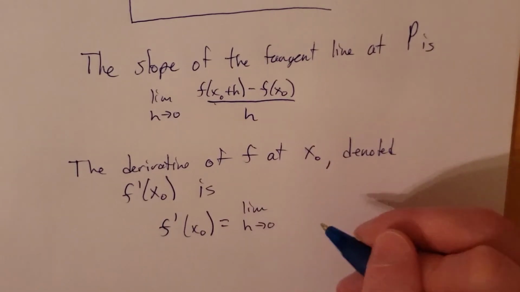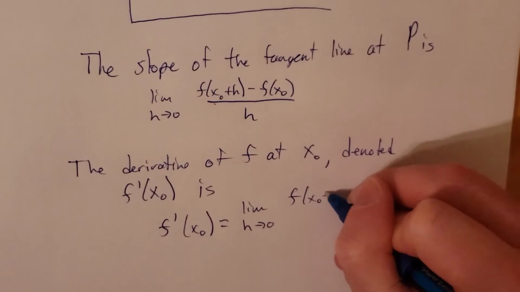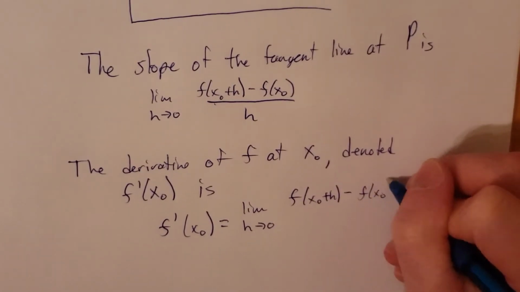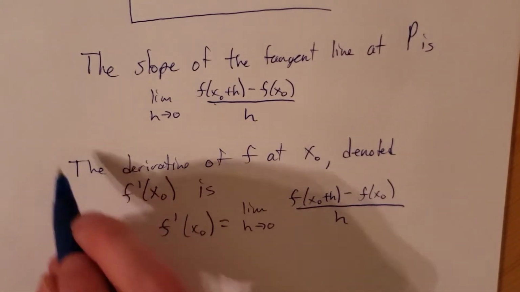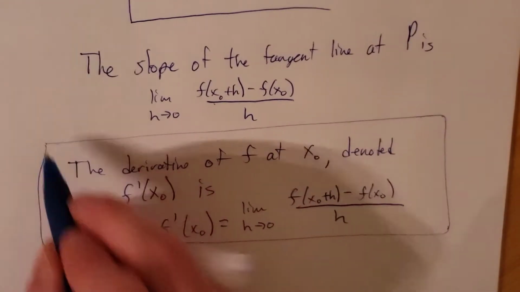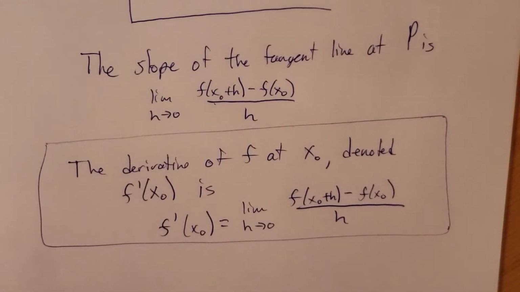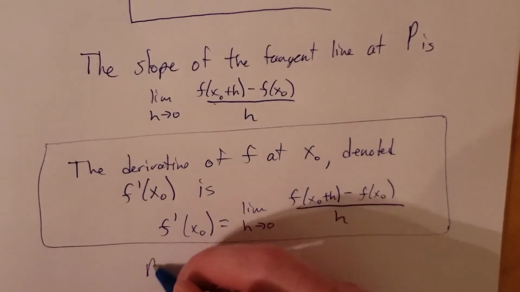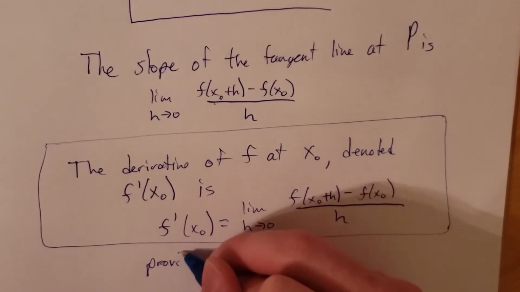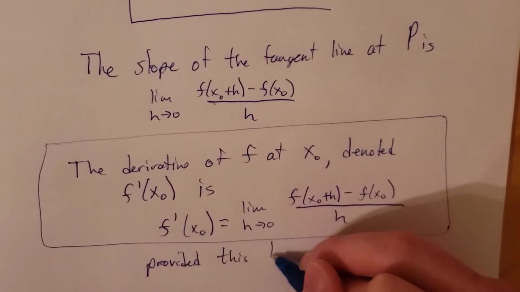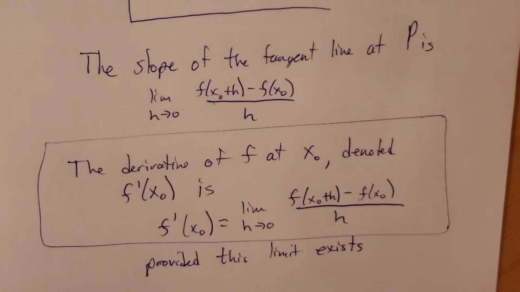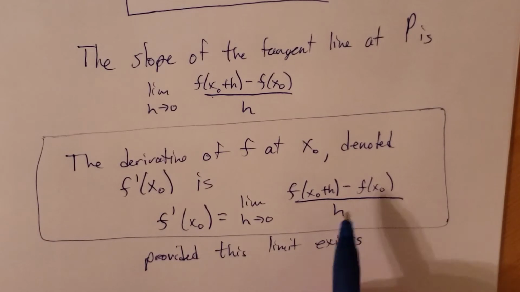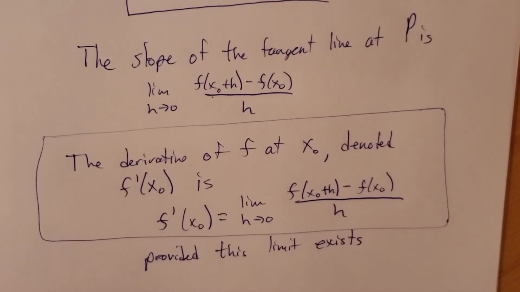So we define our derivative to be the slope of the tangent line. This is our formula for the derivative of a function f at some point x naught, provided this limit exists. If this limit exists, this is how we define our derivative of f.